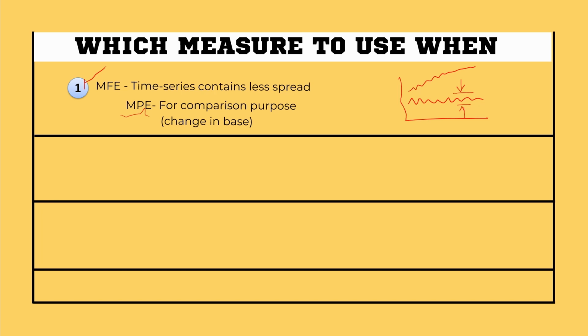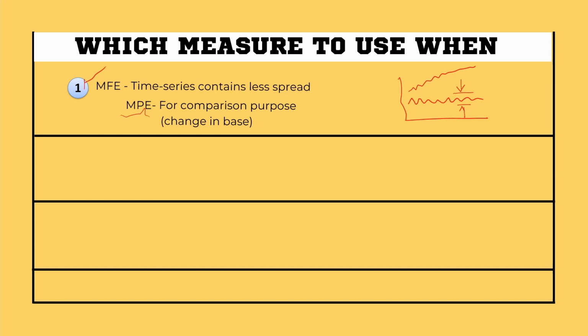And when to use MPE? Suppose some kind of comparison has to be made. For example, you are trying to compare the demand of two different departments or two different companies. The underlying variable to be forecast is demand, but since the companies are different, the bases are different. So the absolute measure MFE will not work. You have to take the relative measure, which is MPE.